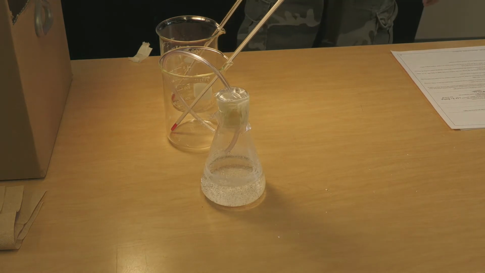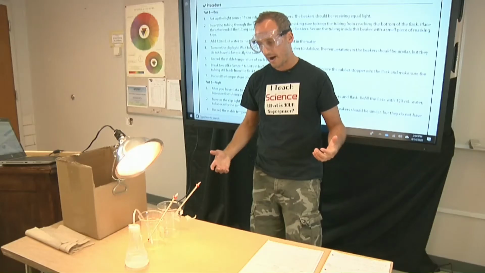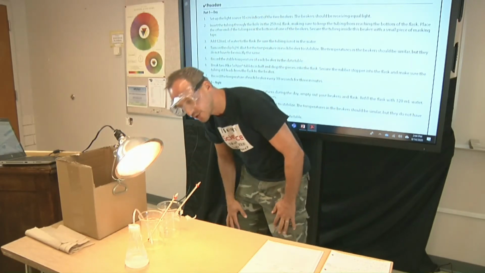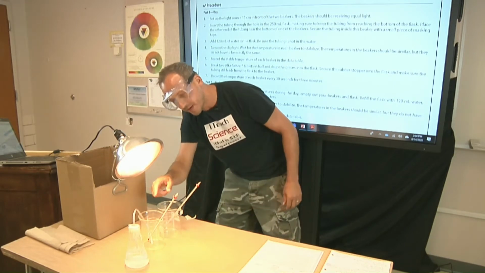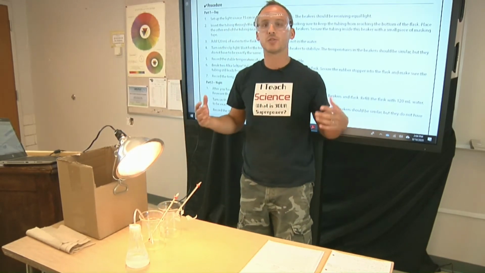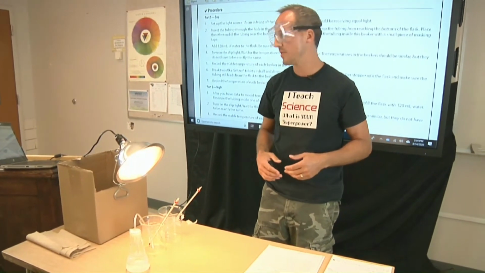What we're going to do is take a look and gather some data on what happens with our temperature as CO2 is added to our beaker over here. Initially, and then every 30 seconds, we're going to take a look at this to gather some data.